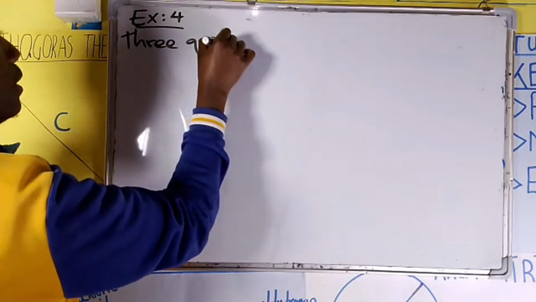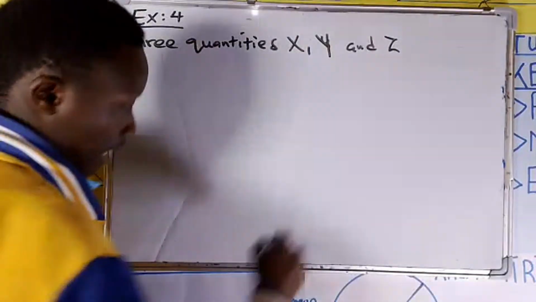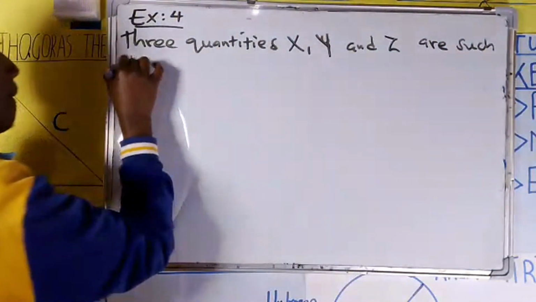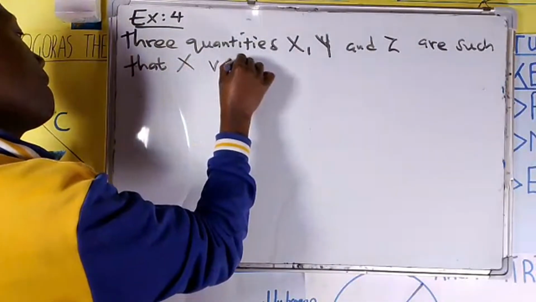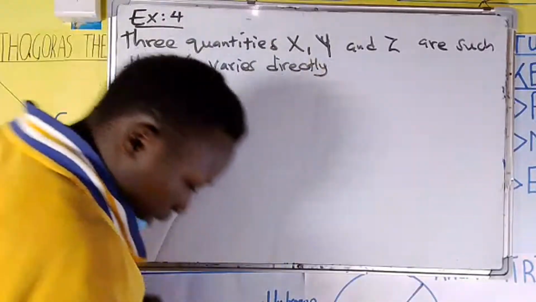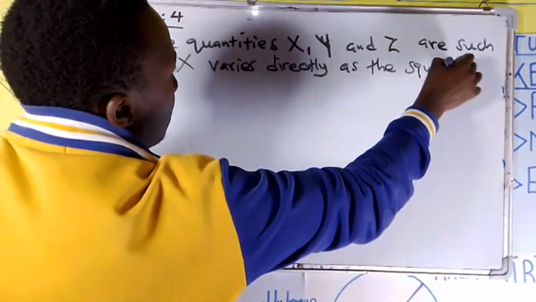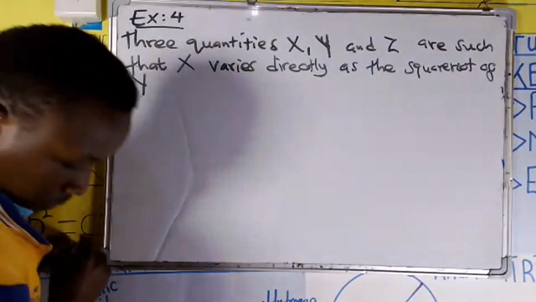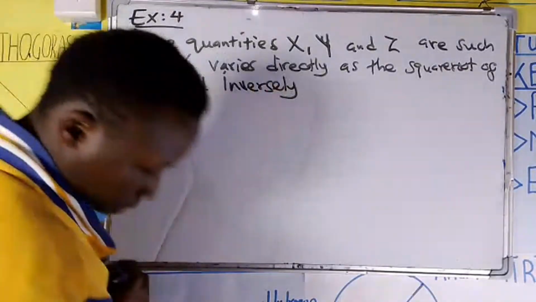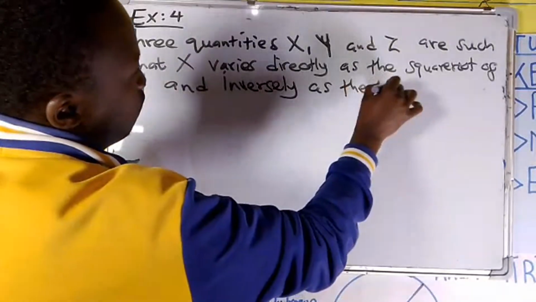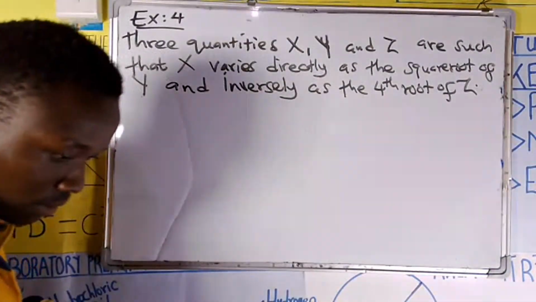Three quantities x, y, and z are such that x varies directly as the square root of y and inversely as the fourth root of z. So let us go straight to question C.